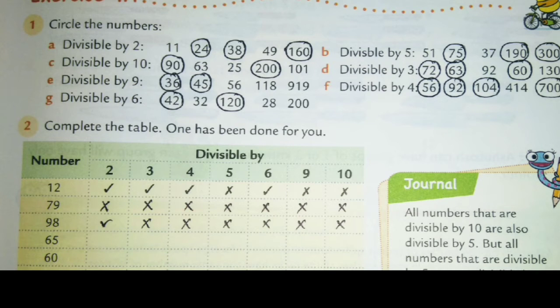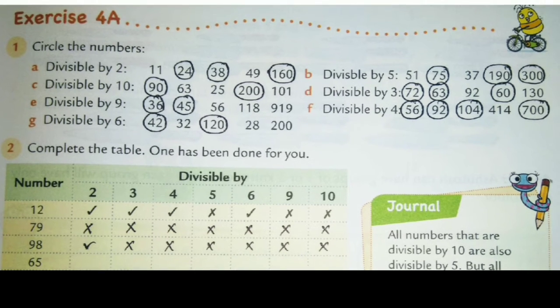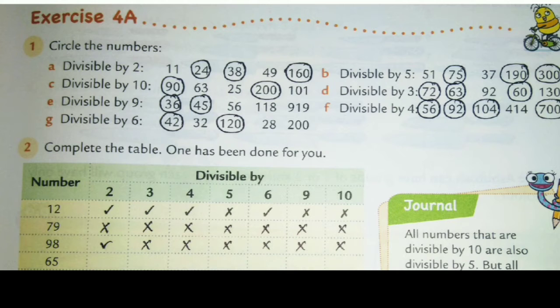Now, next is divisible by 5. What is the rule for divisible by 5? The last digit, it means the unit place, will be 0 or 5. For 10, the last digit will be 0. Divisible by 3 means we have to find that the sum of the digits is divisible by 3.